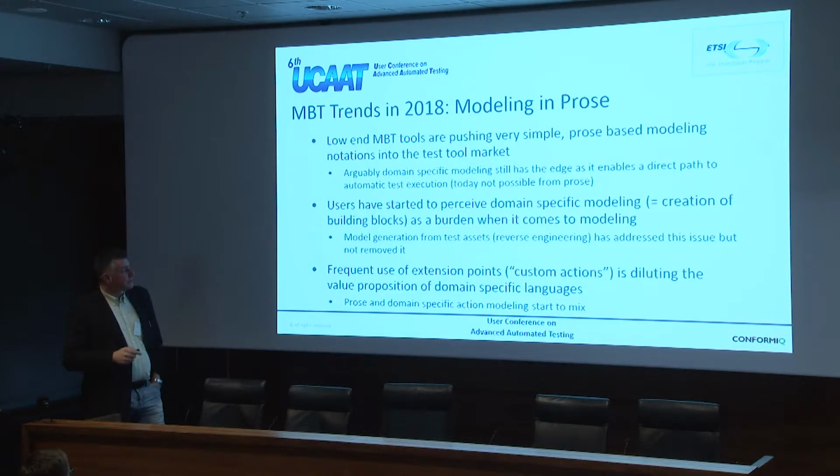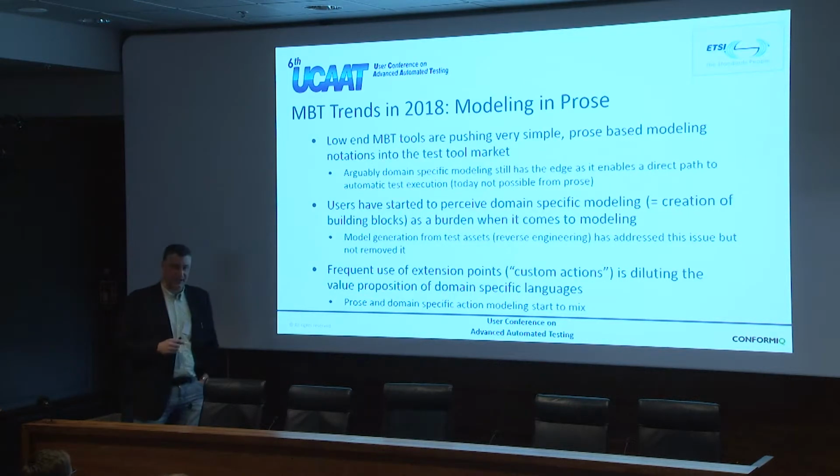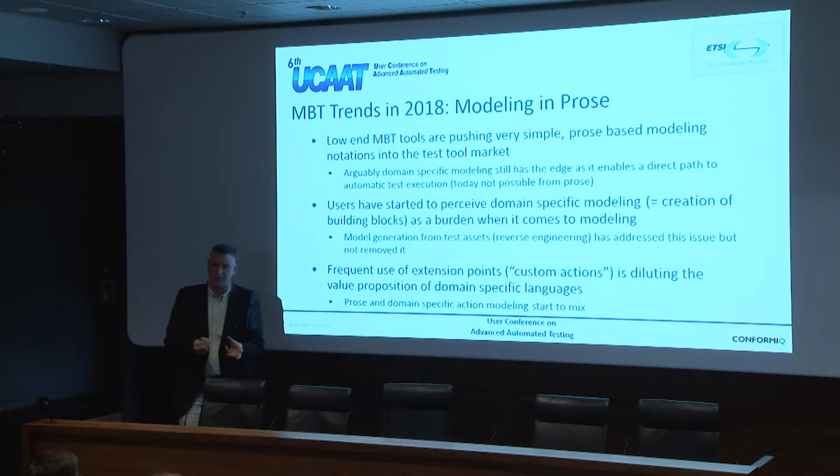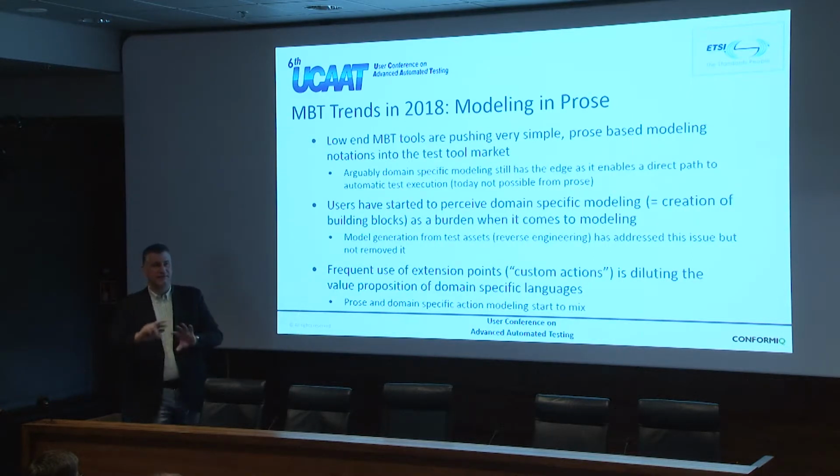So this is this perception again. And then, of course, what we also see is when people use domain-specific languages like ours, I see a lot of people taking the back door, right? Of course, we give them concepts: click a button, fill out a form, click a hyperlink, validate the buttons are enabled, the standard stuff.